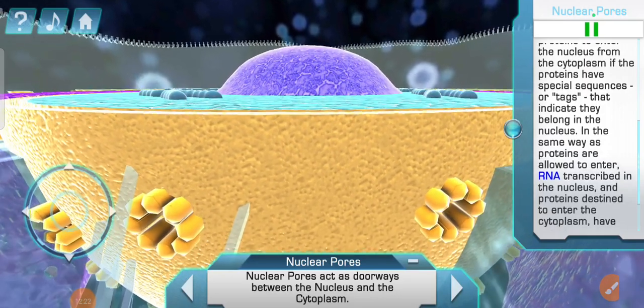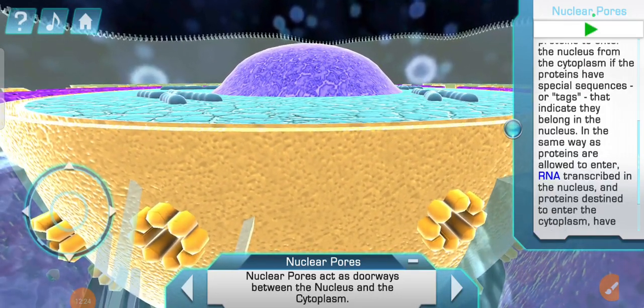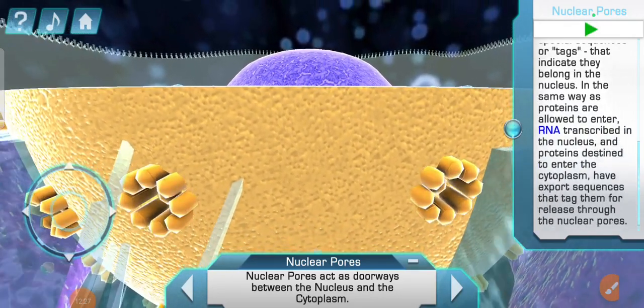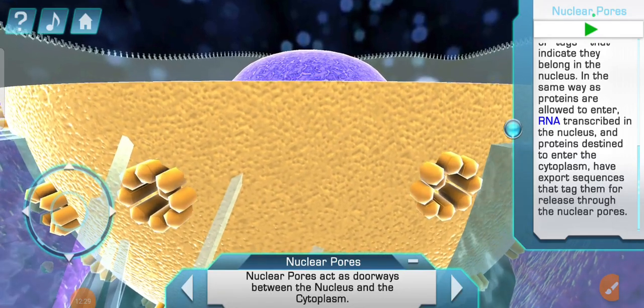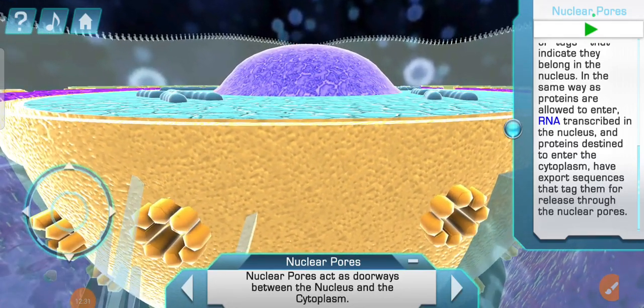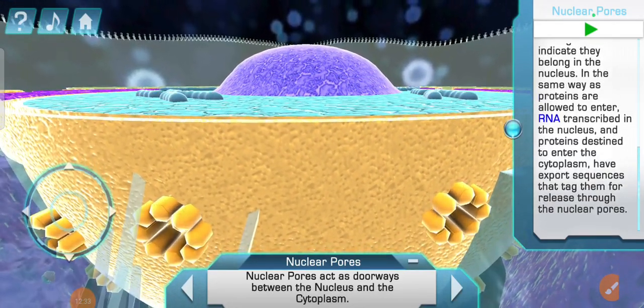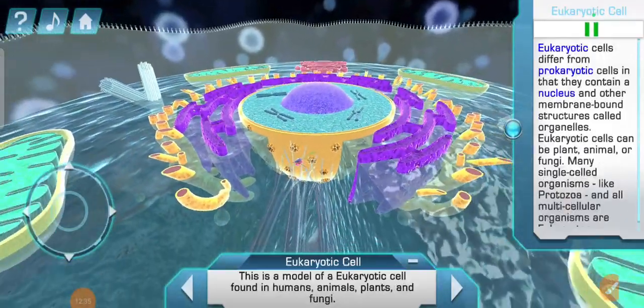In the same way, RNA transcribed in the nucleus and proteins destined for the cytoplasm have export sequences that tag them for release through the nuclear pore.